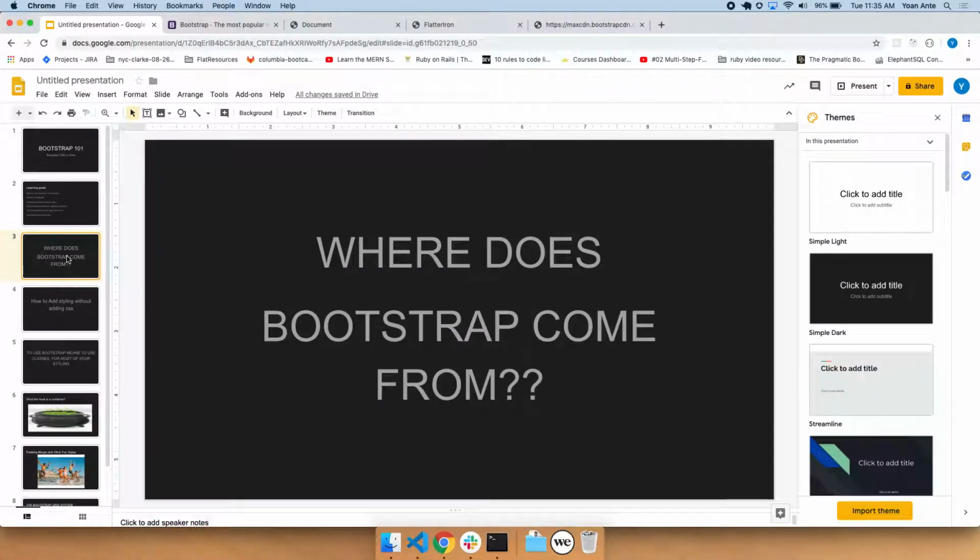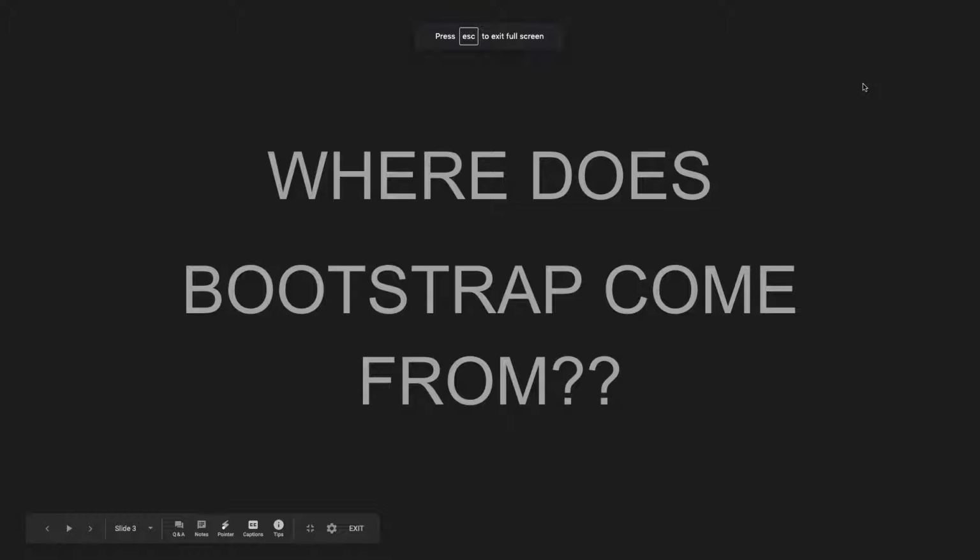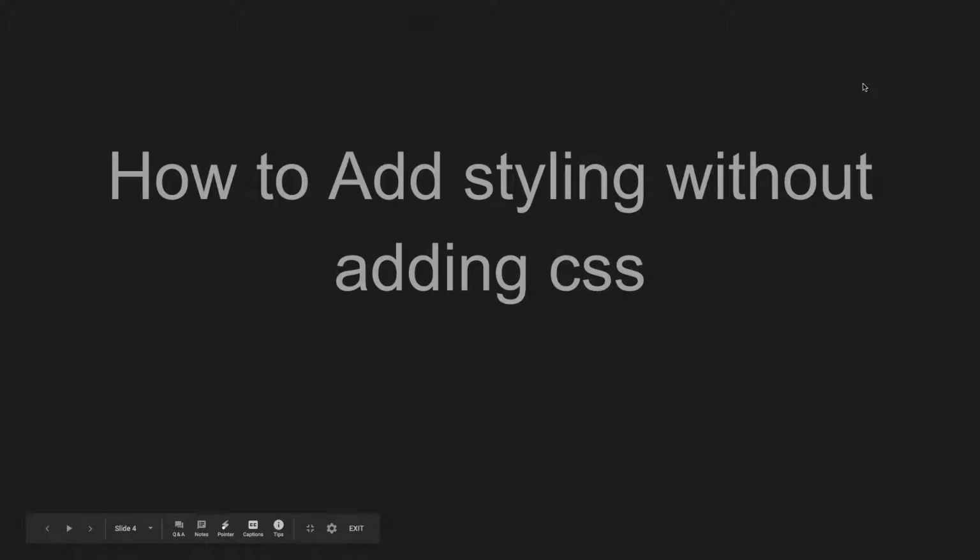So Bootstrap just comes from those class names, the classes that we use on our elements in our HTML. The way that we add styling without adding CSS in Bootstrap is by adding classes to our elements. So you have an H1 tag, and you give it a class of display and a number, and it'll give you the size without you changing the H1 tag in your CSS.